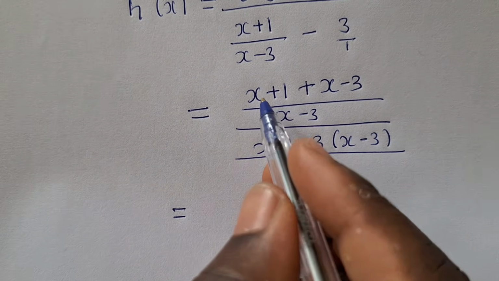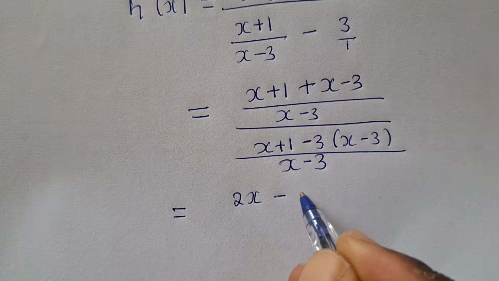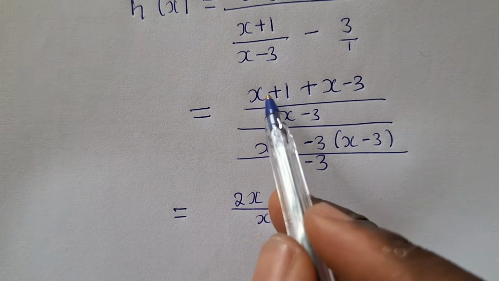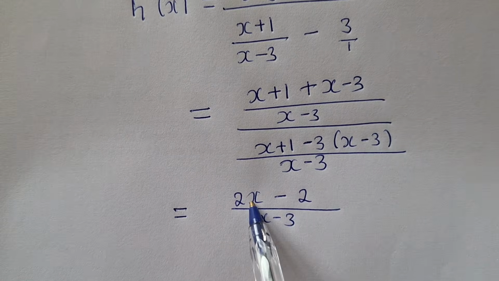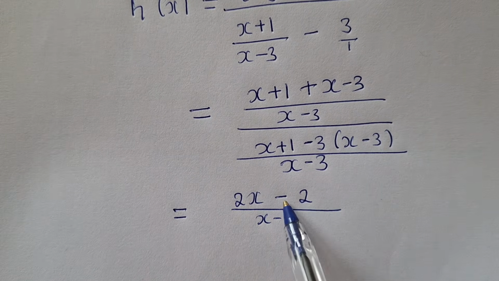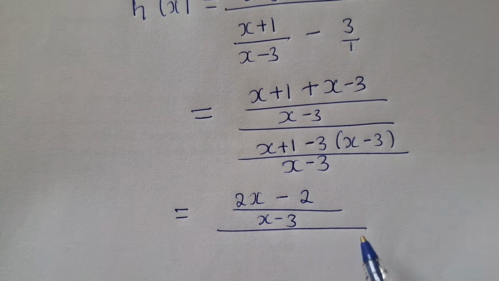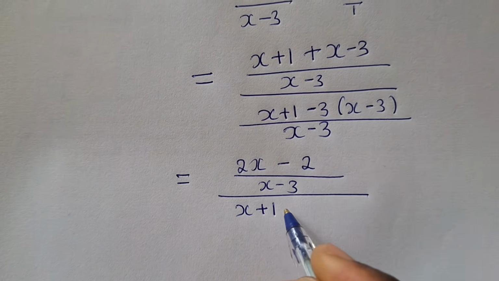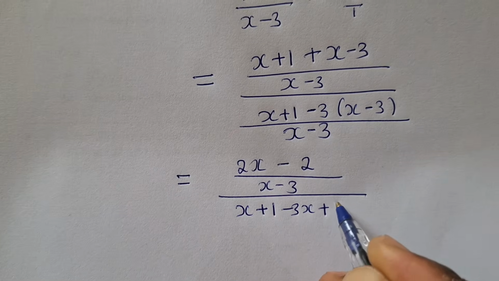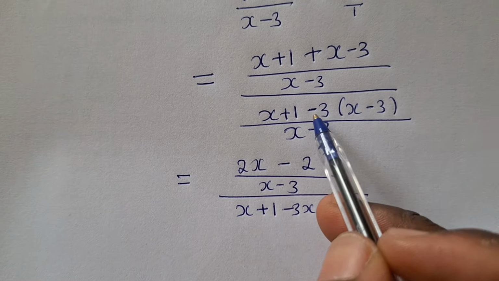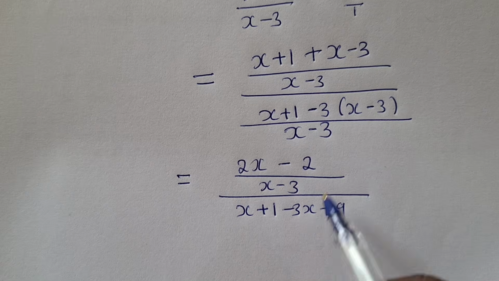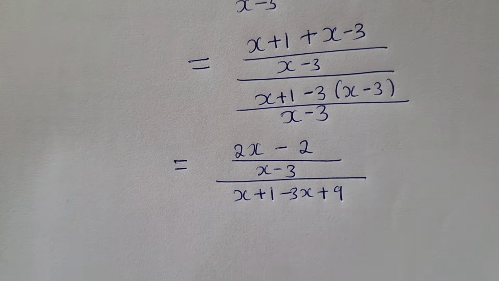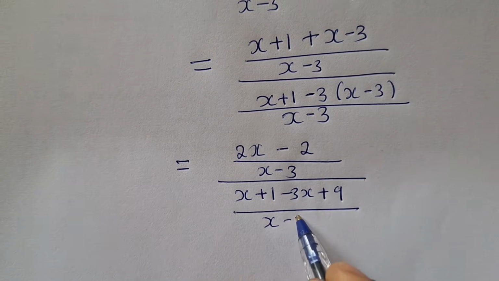On top here, this will be 2x minus 2 over x minus 3. So x plus x will give us 2. 1 minus 3, it will give us a minus 2. And then we say over, here we have x plus 1 minus 3x plus 9. We get rid of the bracket. So negative 3 times x, it's negative 3x. Negative 3 times negative 3, it's positive 9. We shall say over x minus 3.